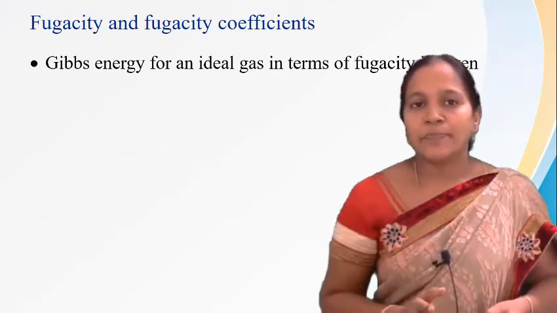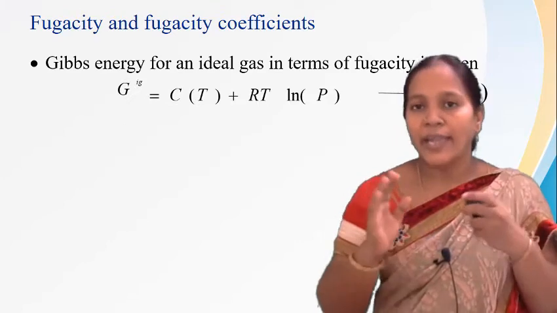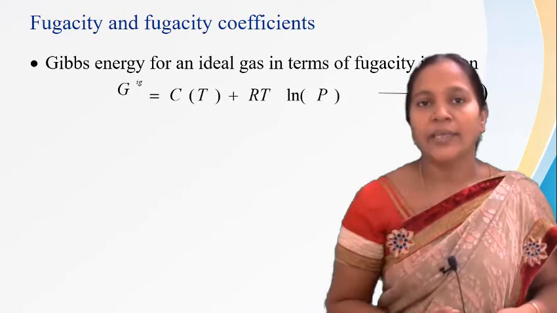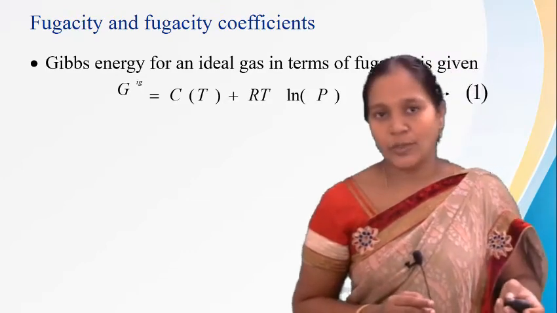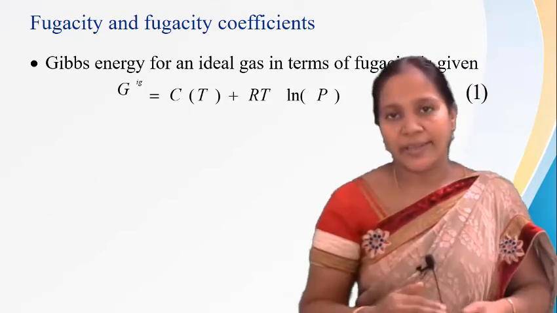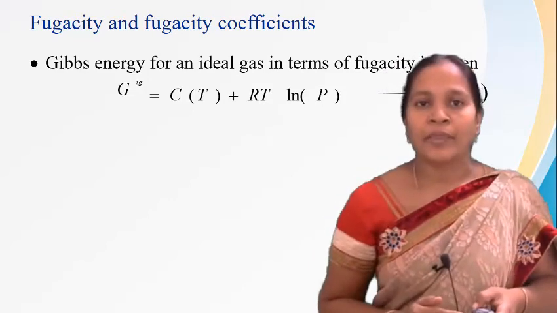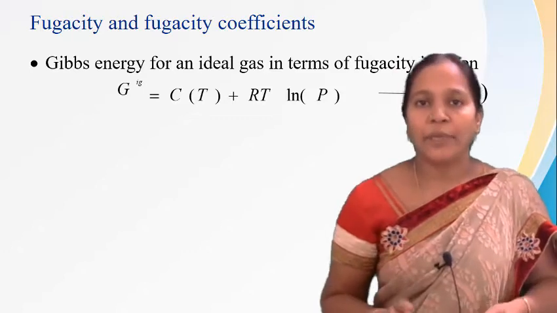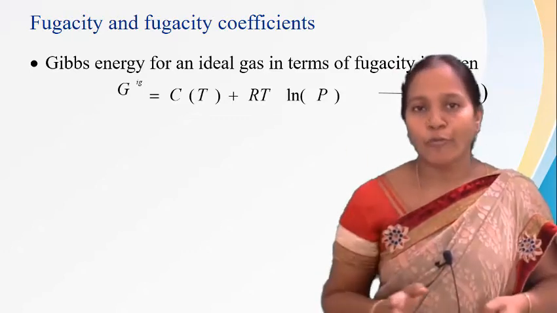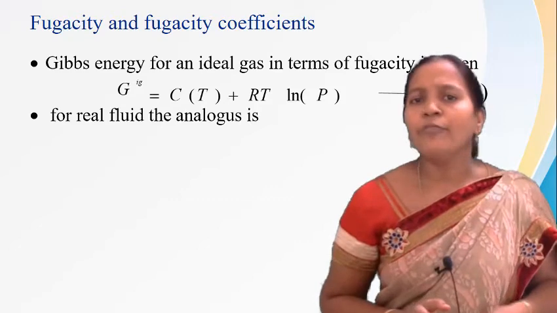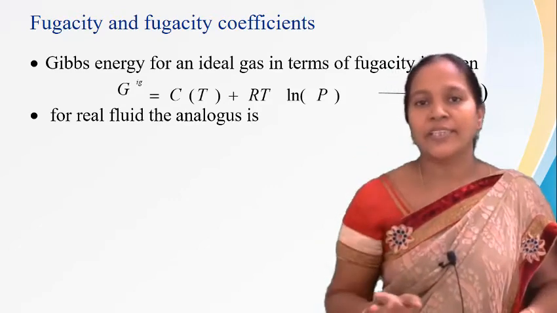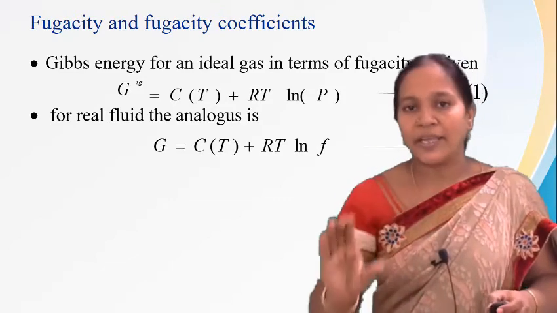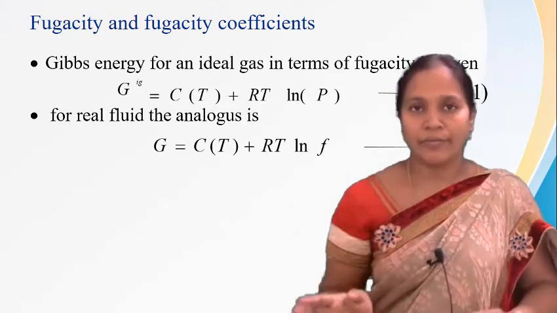Initially, the Gibbs free energy for an ideal gas is given by G^ig = C(T) + RT ln P. Noted as equation 1. For a real fluid, the analogous equation is G = C(T) + RT ln f.